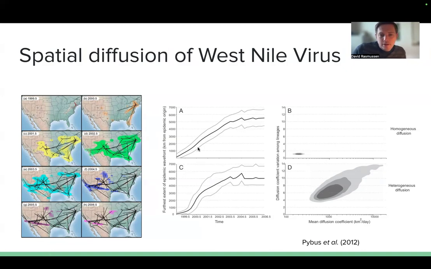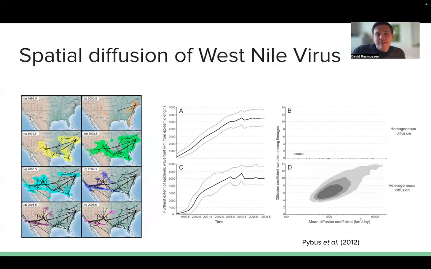And so here, Pybus et al. were able to estimate what the wavefront velocity of this pathogen was, in which case, by plotting the farthest extent that the epidemic reached in its westward expansion along time, they were able to estimate how quickly the wavefront was moving, and at its fastest rate, more or less, West Nile virus was moving approximately 1,000 kilometers per year, which makes some sense because while the virus is vectored by mosquitoes, it can be transmitted by birds as well.